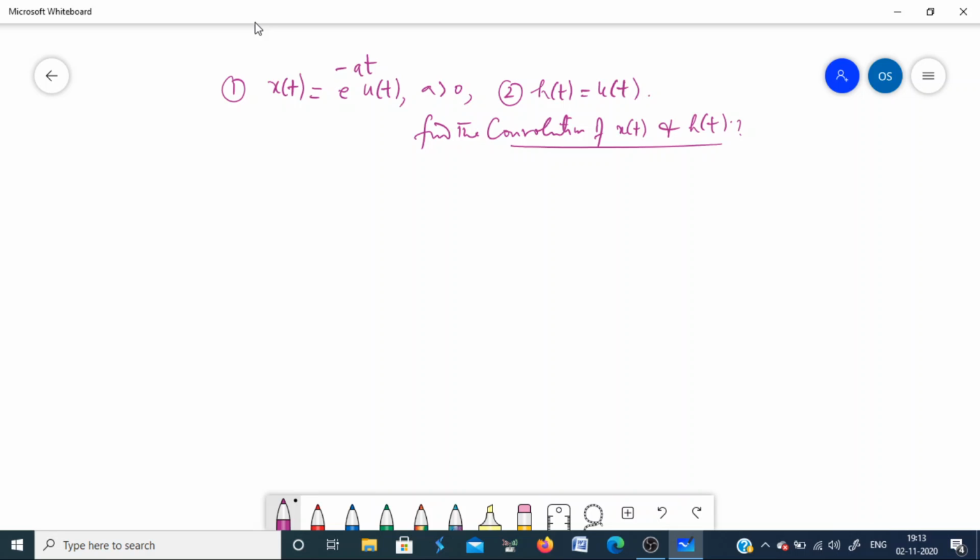Otherwise, this problem can also be stated like this: if x(t) equal to e raised to the power minus a t u(t) is applied to a system having impulse response h(t), what will be the output of the system?